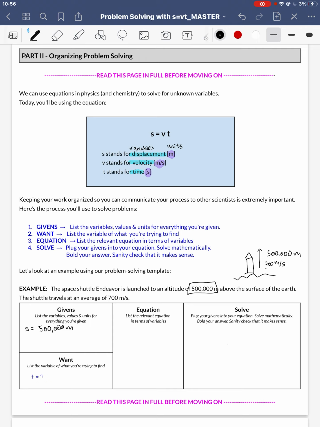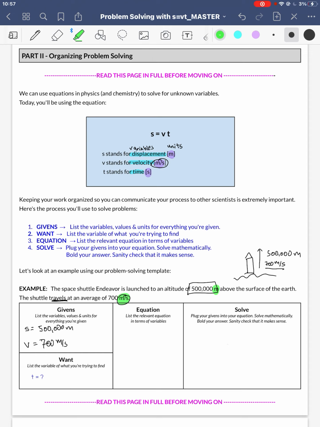And the other variable I have is velocity. I know it's velocity because it's telling me how fast it's traveling and because the units match up, meters per second and meters per second. So velocity is equal to 700 meters per second. You'll notice in this case, the problem already gave me the SI units, the science units, the International System of Units, the appropriate units here.